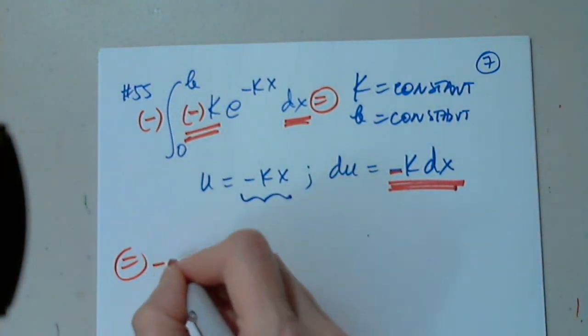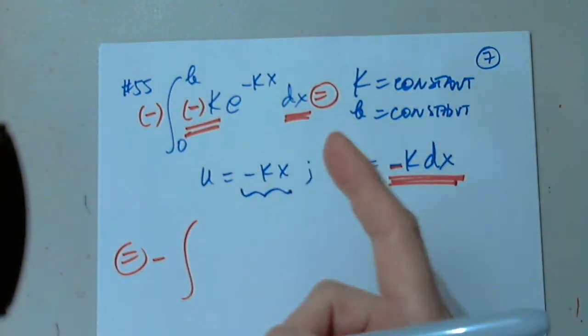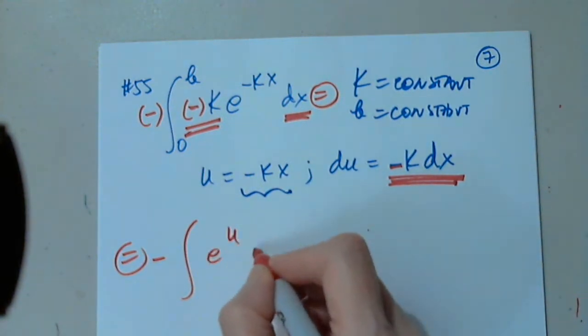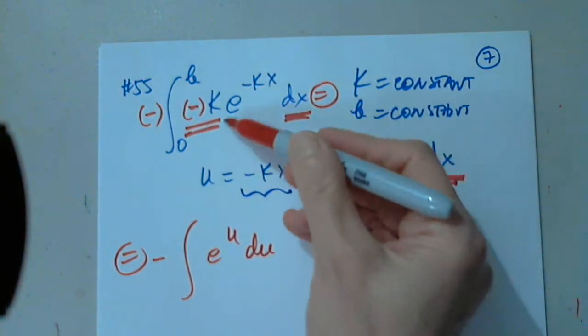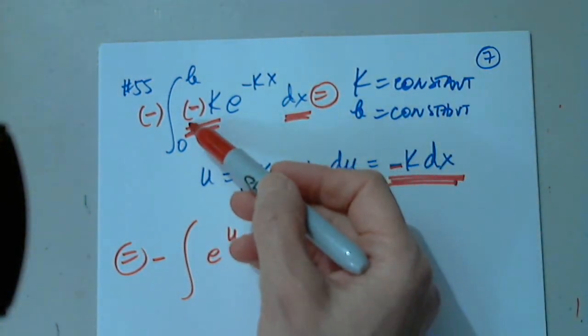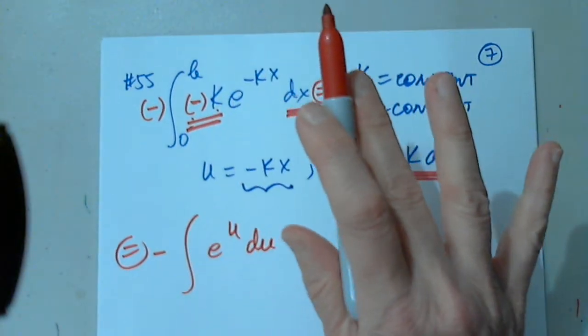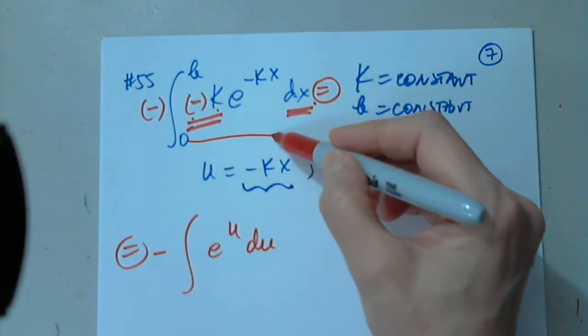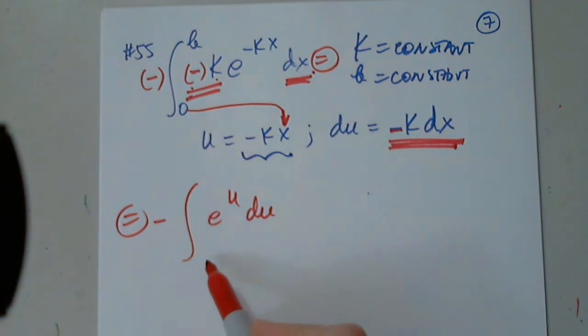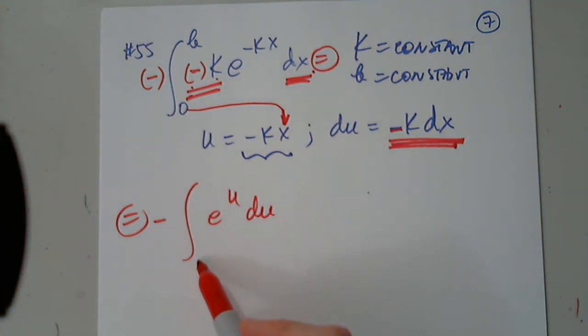I have to keep the negative outside. So I have e to u du. This is e to u, and du is this, this, and this. But now careful. Please plug in 0, and let's find the lower limit for u. Minus k.